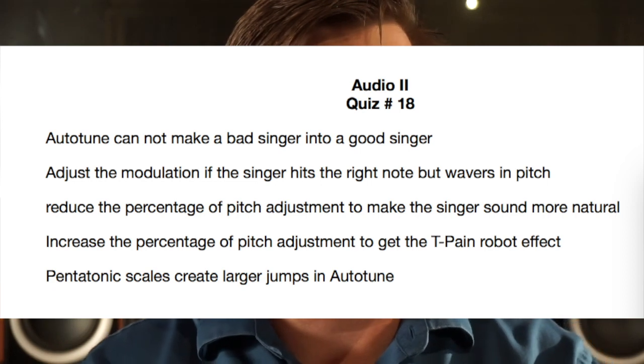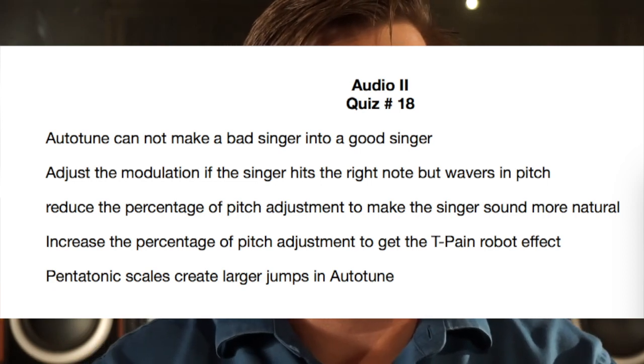Now, the opposite goes for if you want it to sound unnatural, if you want the robot voice, if you want it to sound like T-Pain, then you increase that percentage of pitch adjustment. Make sure it's all at 100%. If it's got some kind of legato, that's on the version that we have, and then the other is instrument.